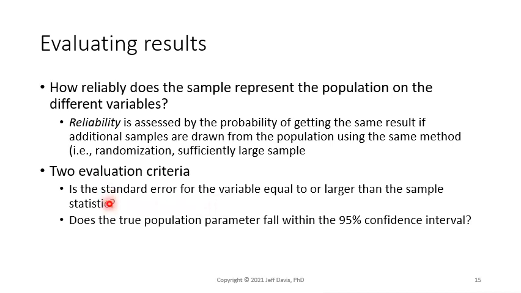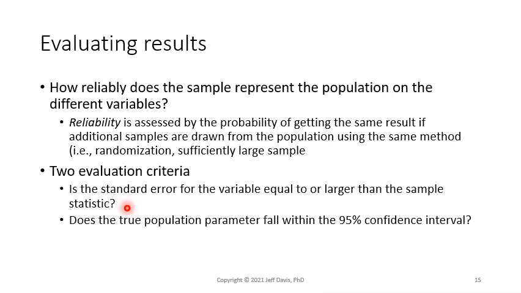But you want to make some sort of comparison between the standard error that SAS computes and the sample statistic. If those two things are close in value, you're probably going to have a fairly large interval, and that means it's going to be much more difficult to estimate what the true population parameter is.